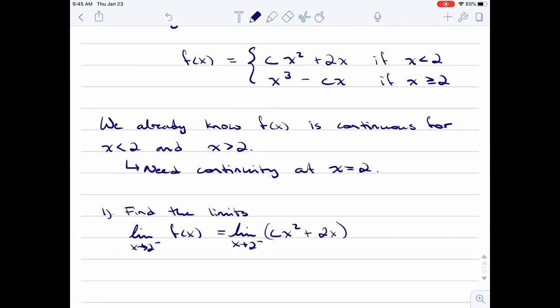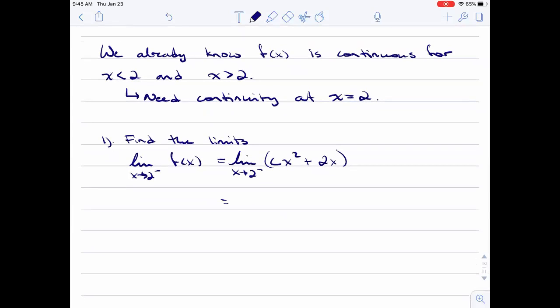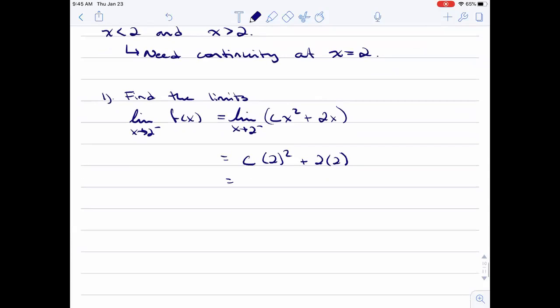This is just a polynomial, right? So I'm able to just plug in the values and go from there. So this is going to be, sorry, not the limit anymore, we're evaluating it. c times 2 squared plus 2 times 2, which puts us at 4c plus 4.